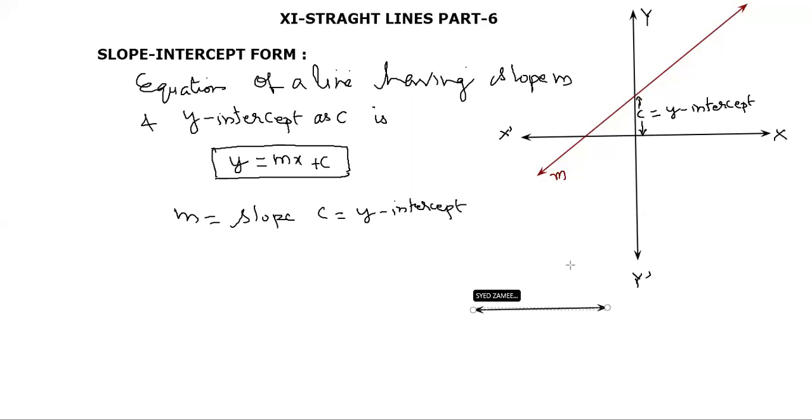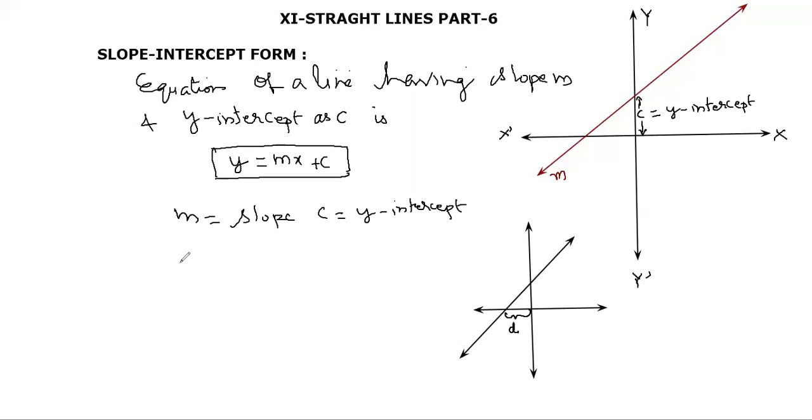Suppose this is x-axis, y-axis, and this is a line, and we have given only x-intercept. Suppose this is given as d, means it is intersecting at a distance d from the origin.